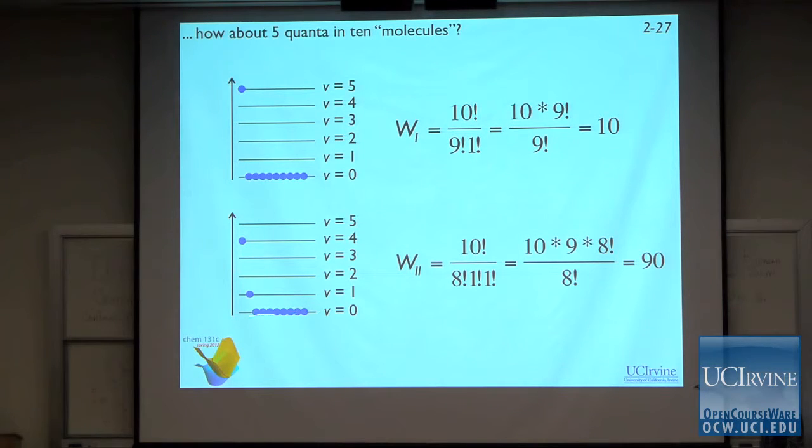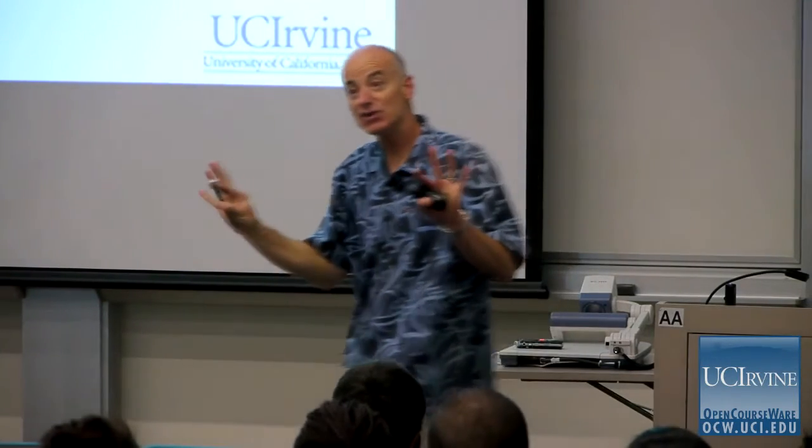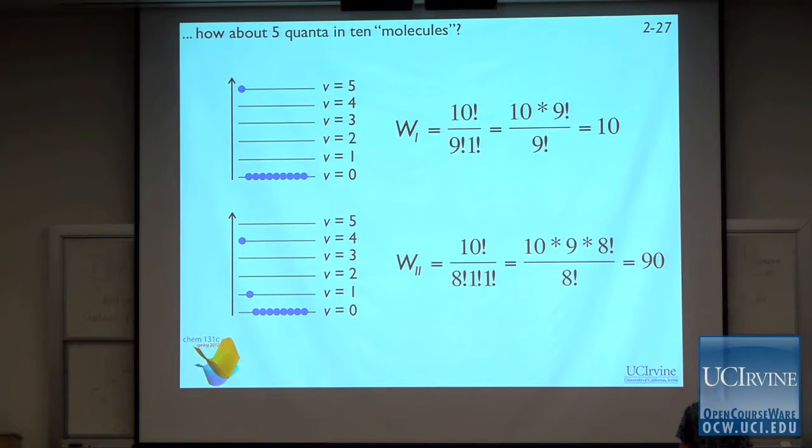There's 8 guys that have this ground state energy, so I'm going to have 8 factorial there, 1 factorial, 1 factorial, a bunch of 0 factorial. So that's 90. How do I know that? 8 factorial cancels with 8 factorial, and I'm left with 9 times 10 is 90. So there's 90 ways to generate that microstate, or 90 microstates that have that configuration. You with me so far?